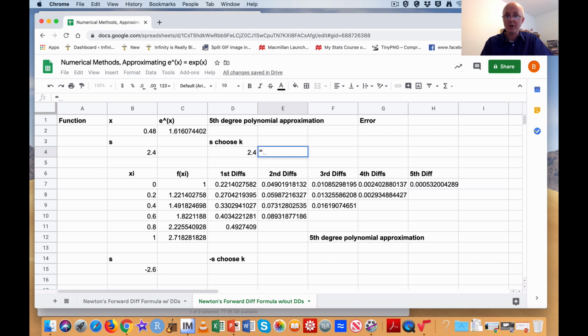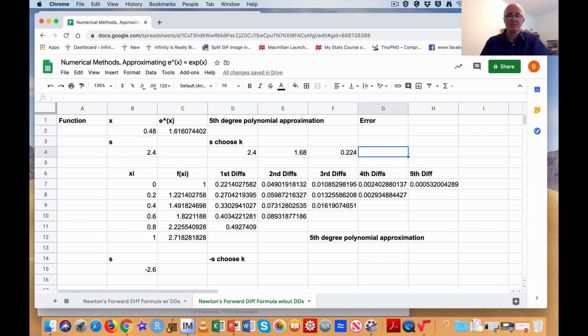S choose 2, we're going to have s, which is in B4, times s minus 1, divided by 2 factorial, 2. S choose 3, what was it, 3 we're at? I'm forgetting. B4 times B4 minus 1 times B4 minus 2 divided by 3 factorial.